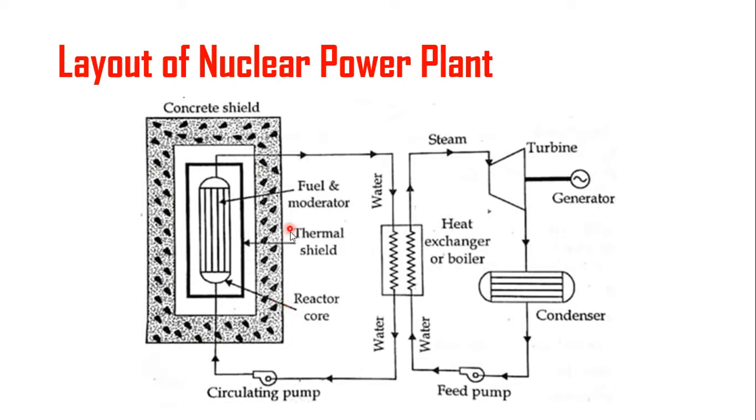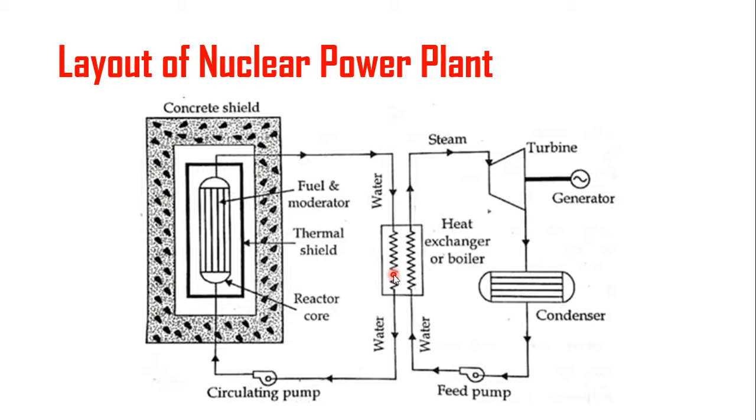A large amount of heat energy is generated due to nuclear fission. The rest of the parts of a nuclear power plant are very similar to a conventional thermal power plant.